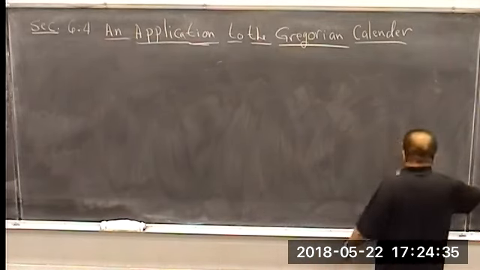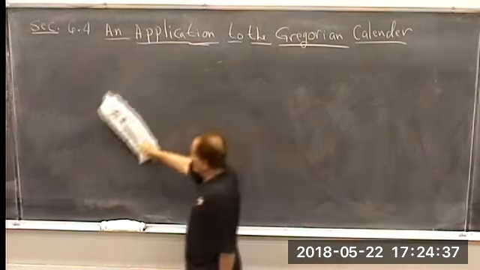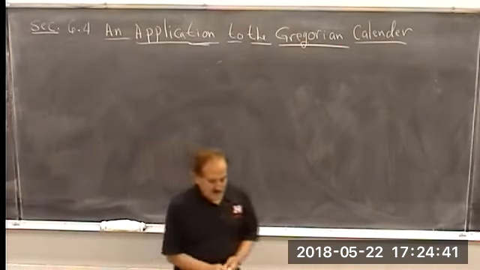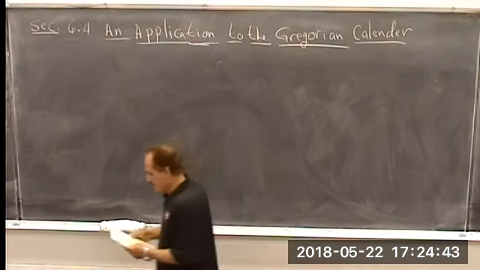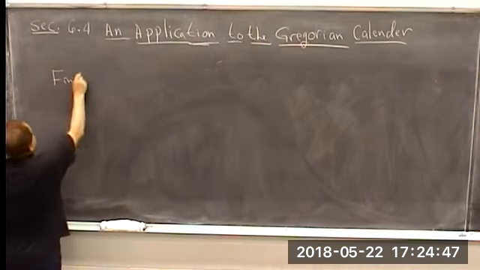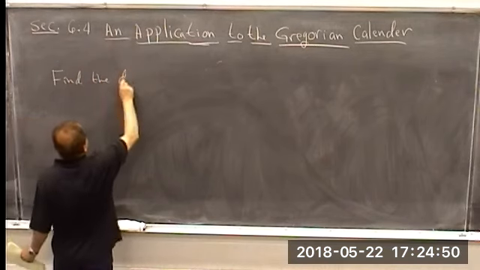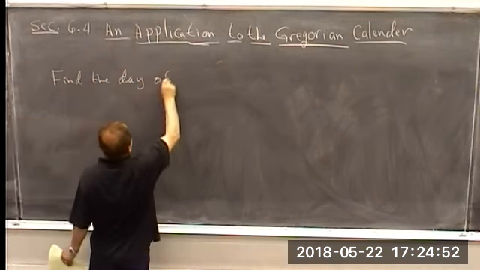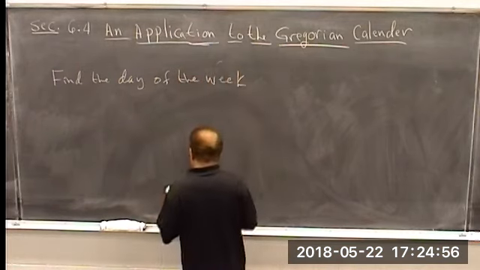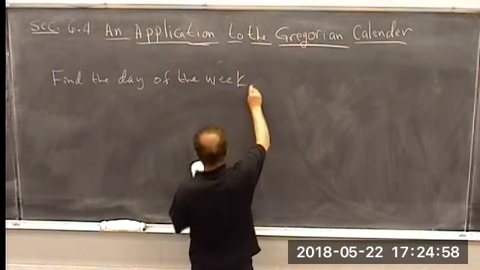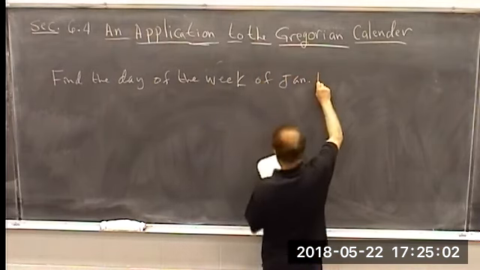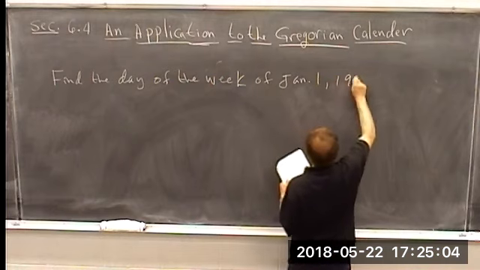You know what days of the week each month occur, and you know what the leap years are and so on. So let's find the day of the week they celebrated January 1st, January 1st, 1900.